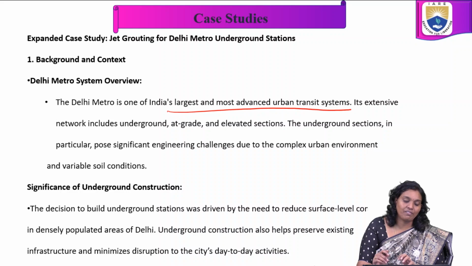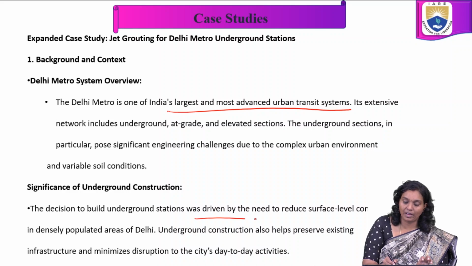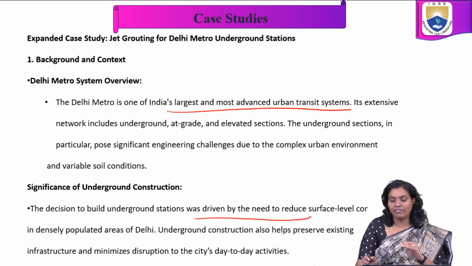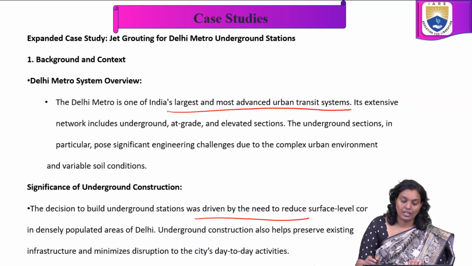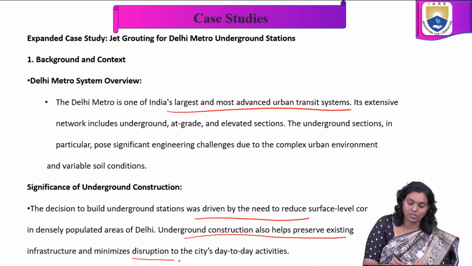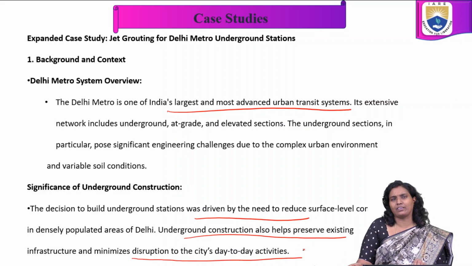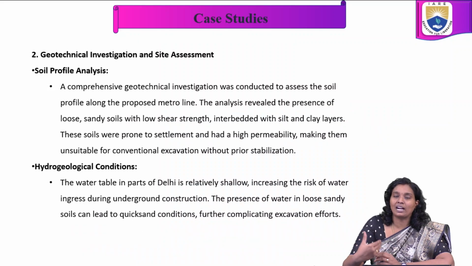The decision to build underground stations was driven by the need to reduce surface-level congestion in a densely populated area. Underground construction also helps preserve existing infrastructure and minimize disruption to the city's day-to-day activities. Because of that reason we choose underground. Why did we choose underground for Delhi Metro? This is one of the reasons.